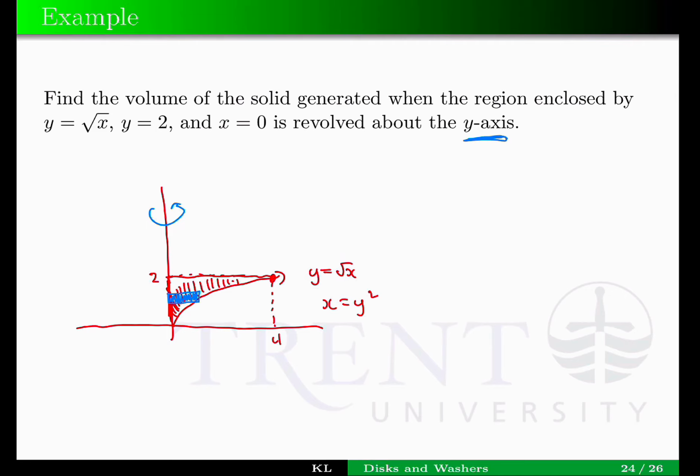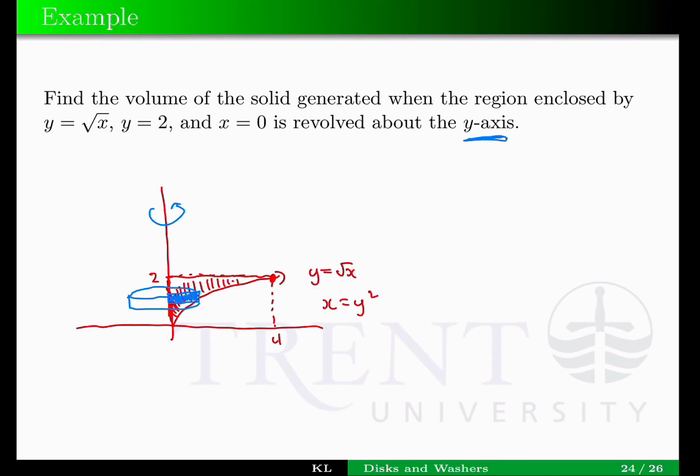If you move this strip along the y-axis from 0 up to 2, all throughout, the radius is this function. After revolving, you will create a disk that looks something like this one. So it's a disk.